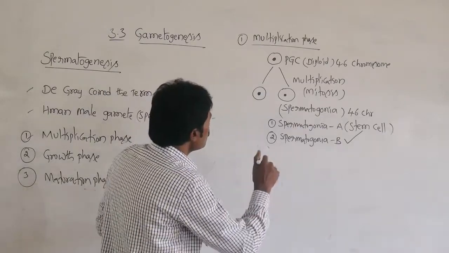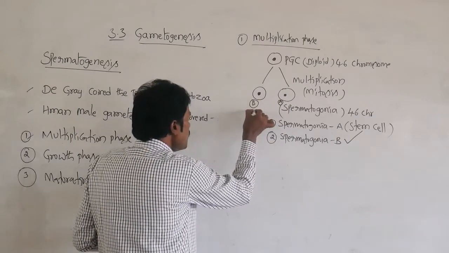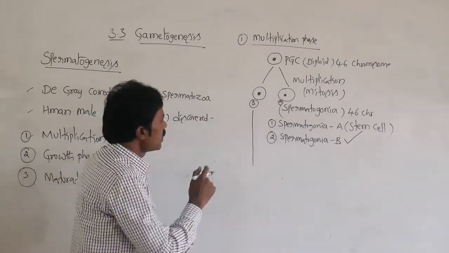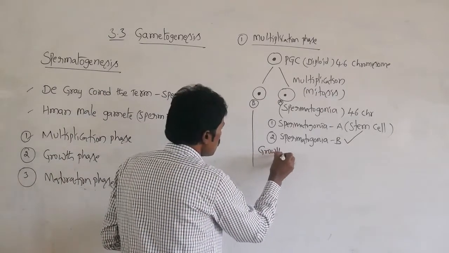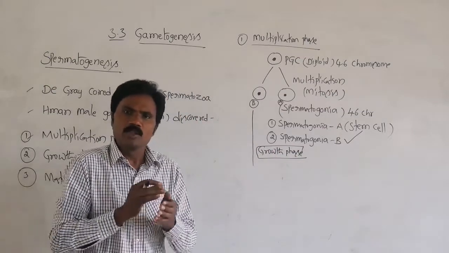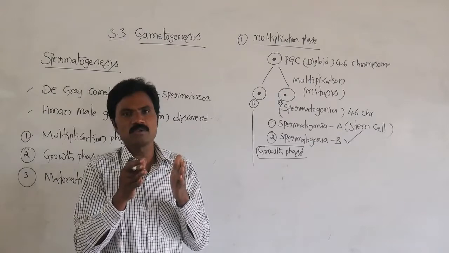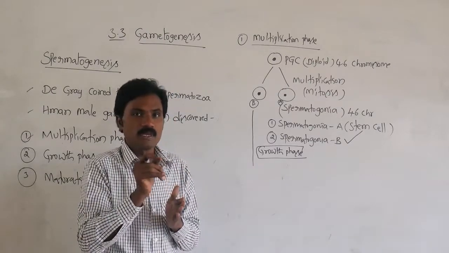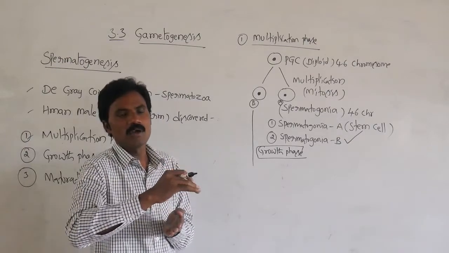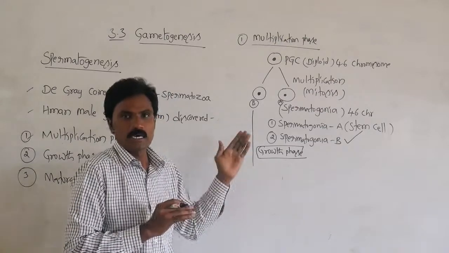Suppose this is B and this is A. Spermatogonia B undergoes the growth phase. This spermatogonia B increases in size with the help of nurse cells. As I said, Sertoli cells provide the specific nutrient material for the growth, development, maturation and synthesis of these gametes.